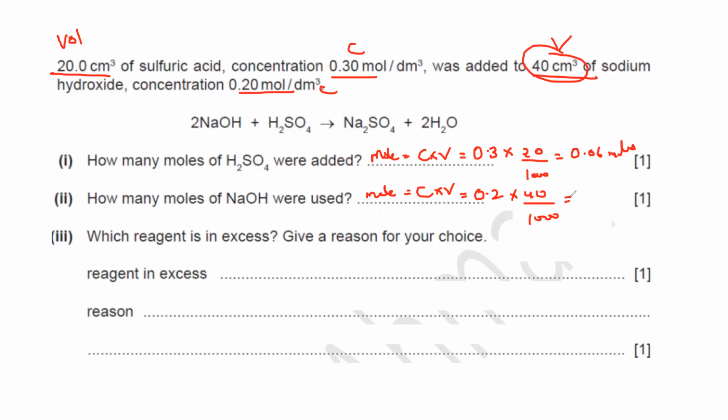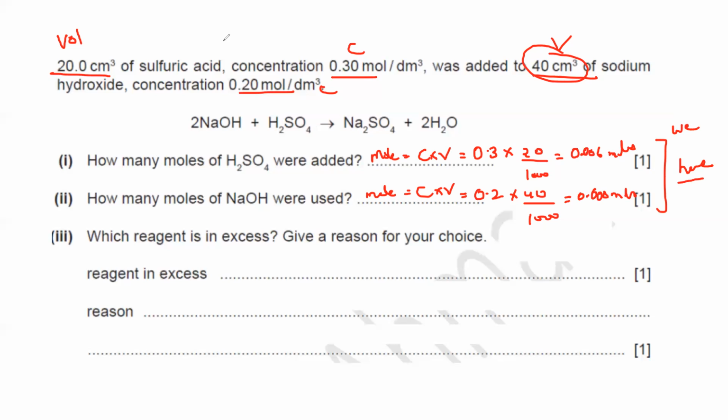So this was 20 divided by 1000 and 0.02 times 0.3, which was 0.006, and this is 0.008. So these are the moles which we have. Now we want to find which reagent is limiting and which one is in excess.